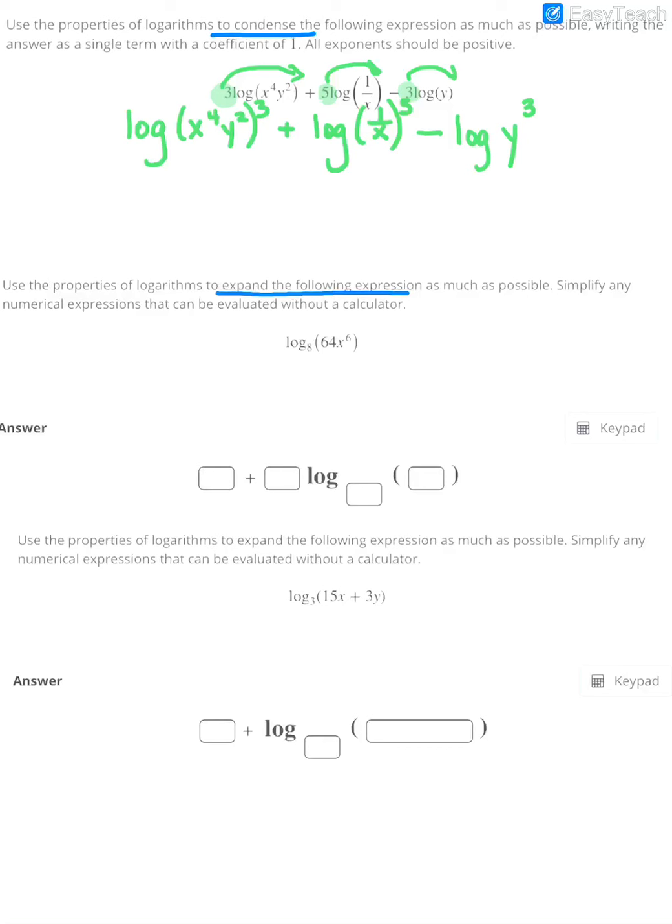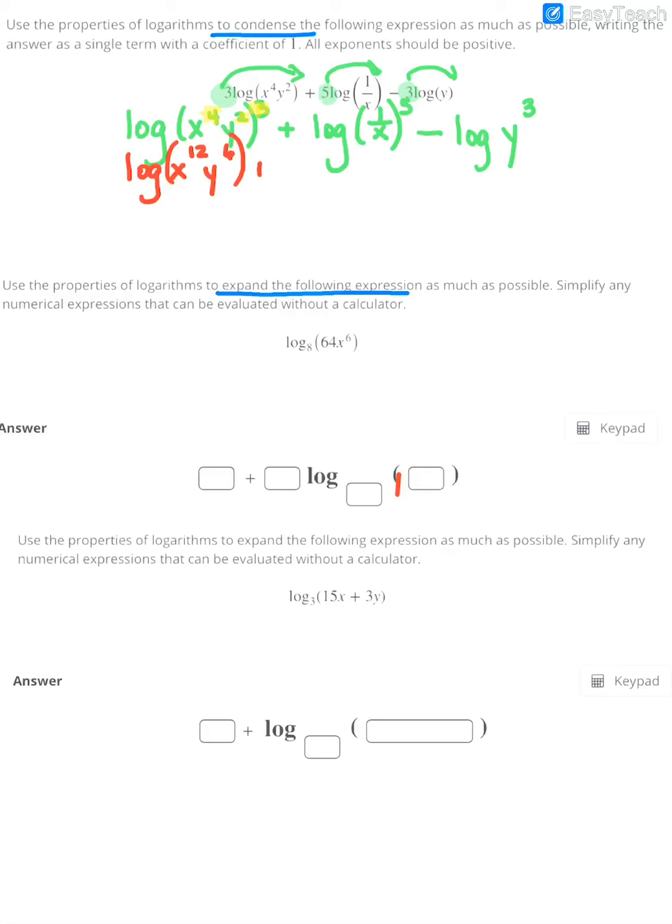Okay, so if we want to go ahead and simplify those powers first before we do anything else, when you have powers of a power, like we do in this first example, you will actually multiply their powers together. So that first particular expression will become the log of x to the 12th, since 4 times 3 is 12, y to the 6th, since 2 times 3 is 6.